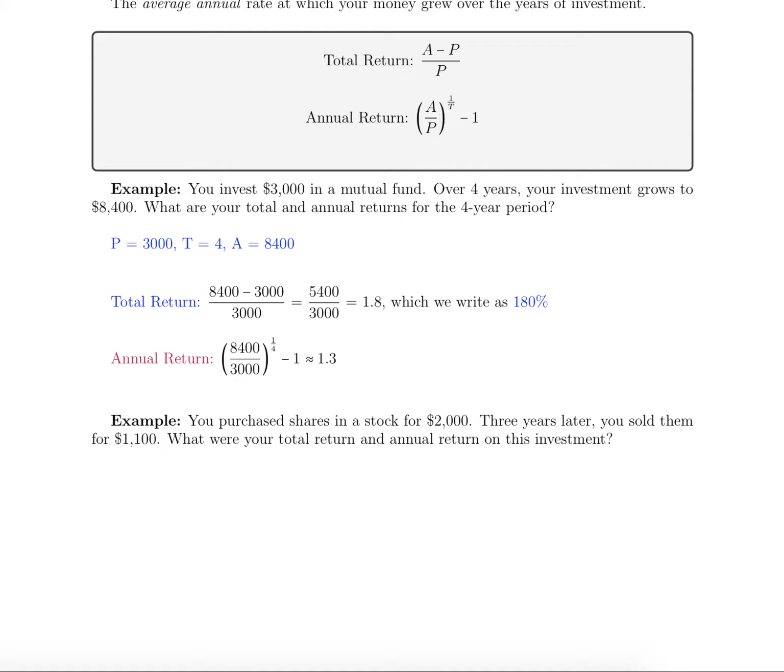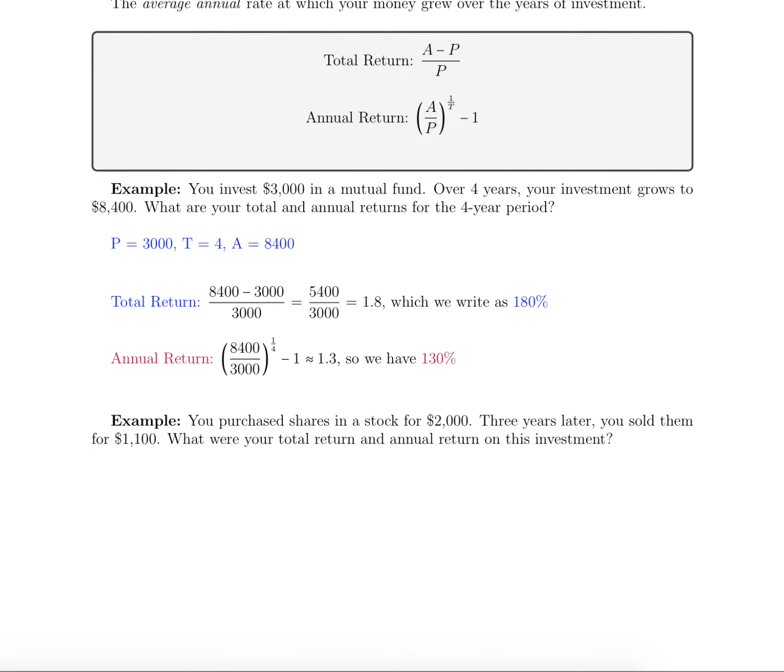And then again, since we are talking about percentages, we convert it into a percentage. So we have around 130% increase every year, but overall, over the 4-year period, our investment increased 180%. So per year was 130, overall was 180. So that's the difference between total and annual.